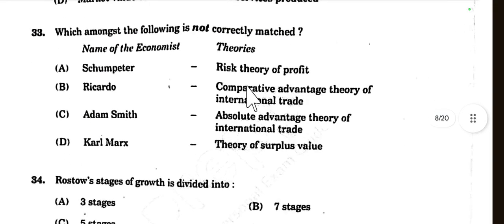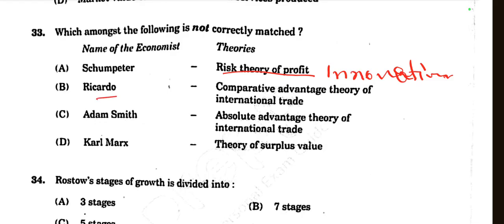Then question number 33: which among the following is not correctly matched? Name of the economist and theories. Schumpeter, Rick's theory of profit. Schumpeter gave the concept of innovation theory, not Rick's theory. So Schumpeter is related with innovation. Then Ricardo, comparative advantage theory of international trade.